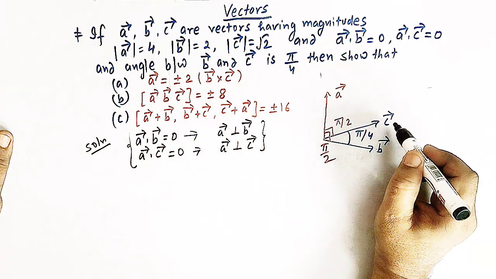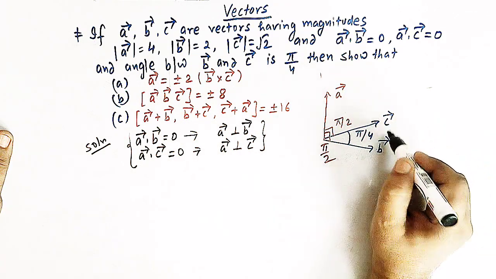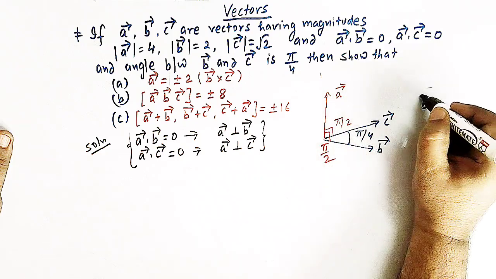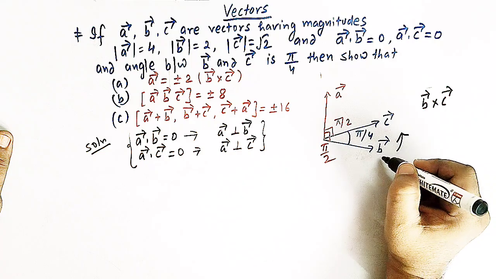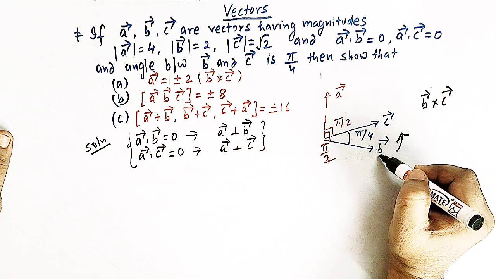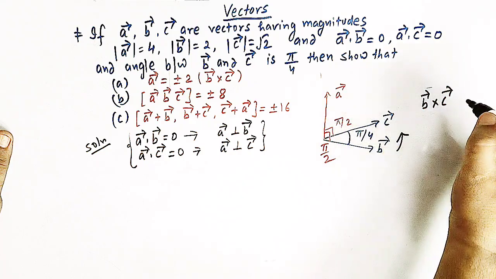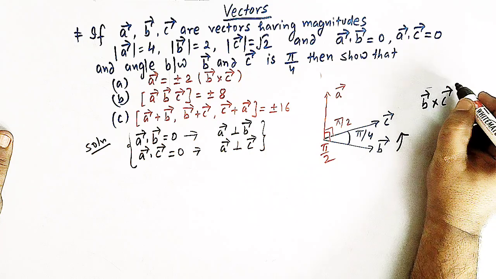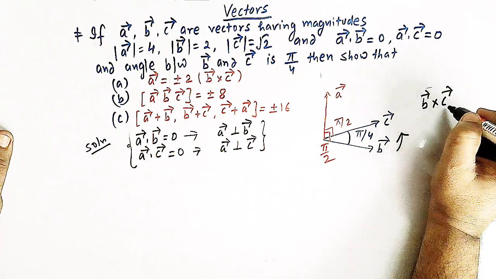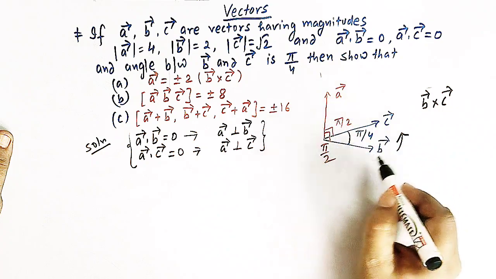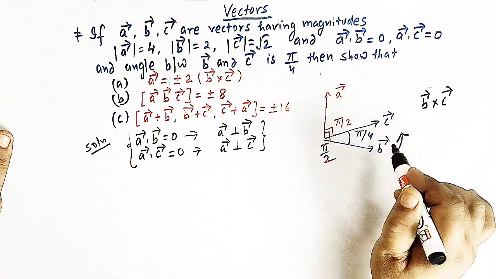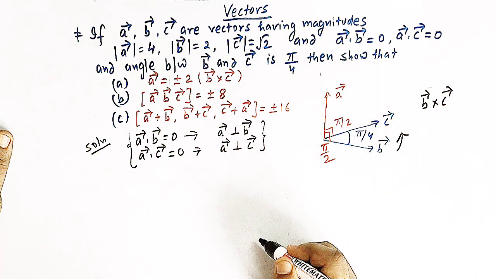So now if we find out the cross product, that is vector product of vector B and vector C, then this vector, that is vector B cross vector C, is also perpendicular to the plane containing vector B and C, right?